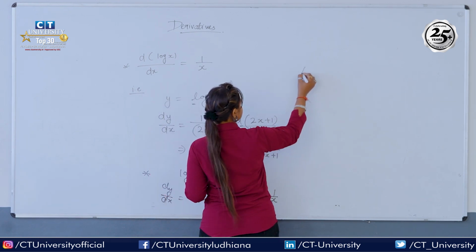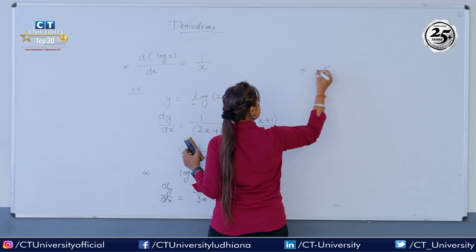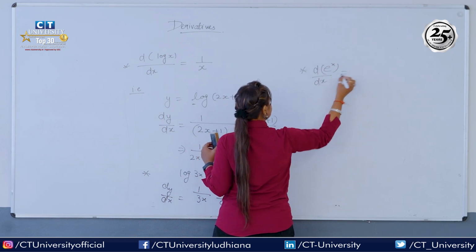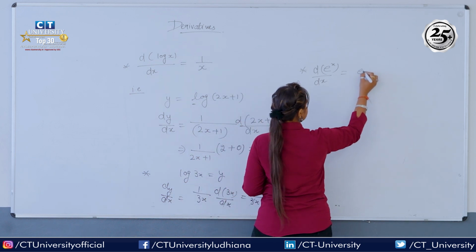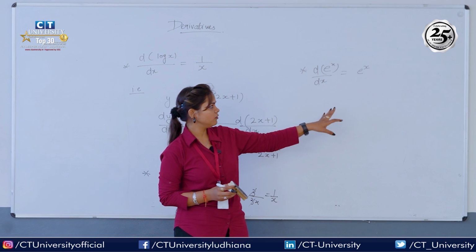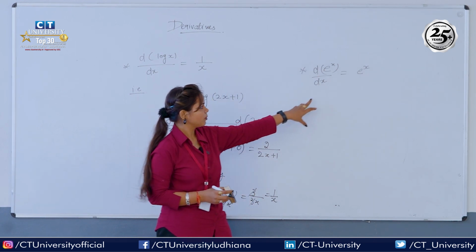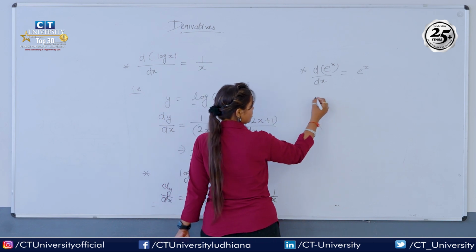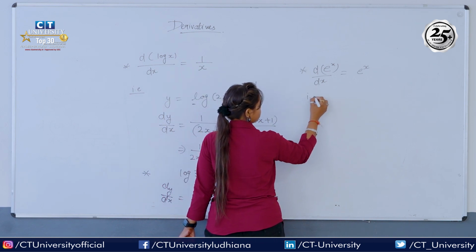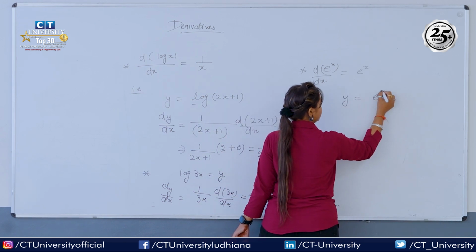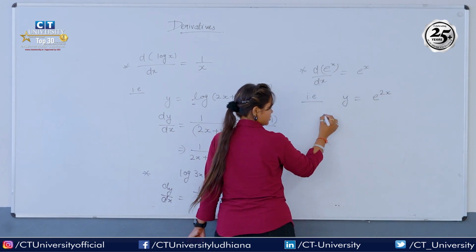For the next rule, the derivative of e to the power x with respect to x is equal to e to the power x. The derivative of an exponential with respect to the same variable is equal to e raised to power x. So let's take an example: y is equal to e raised to power 2x.